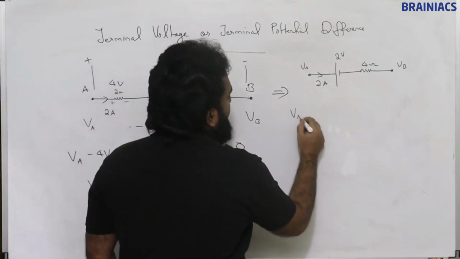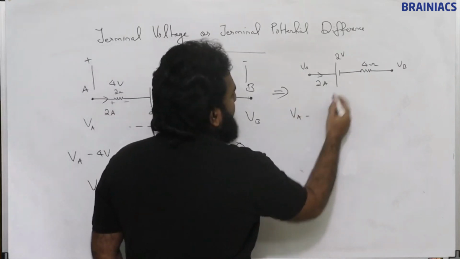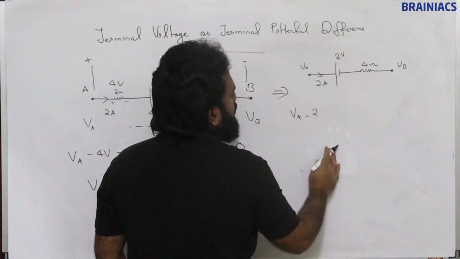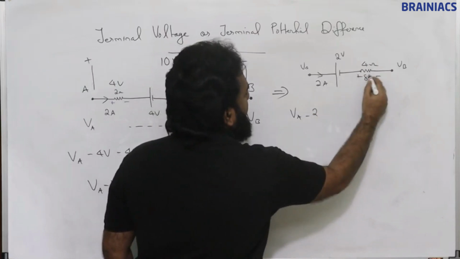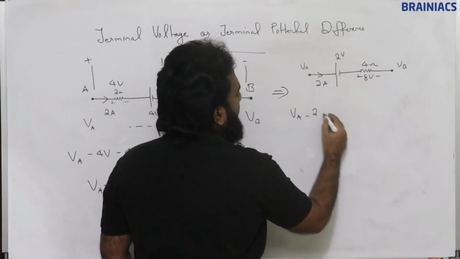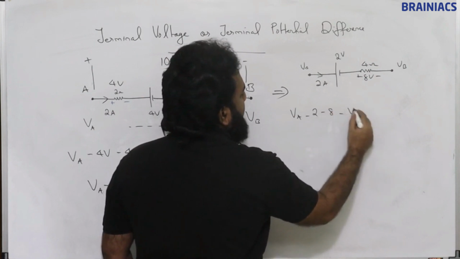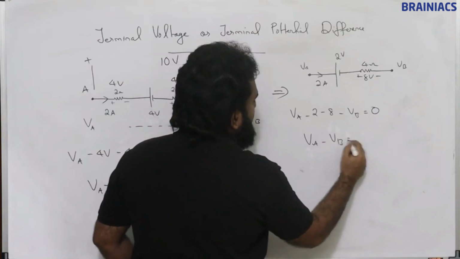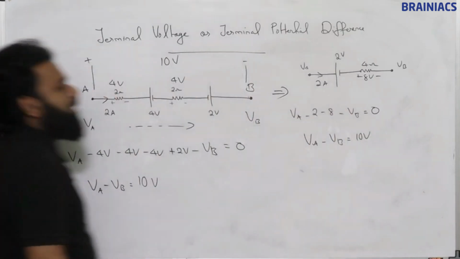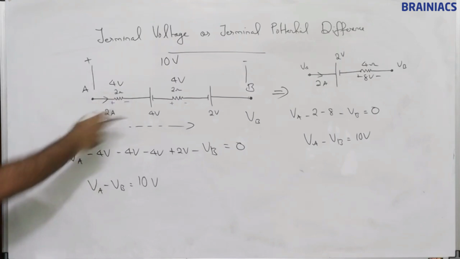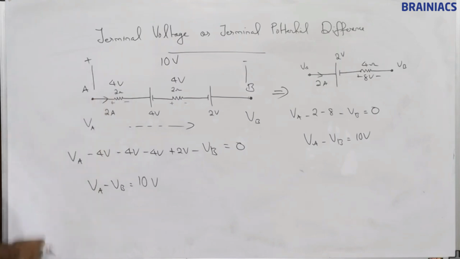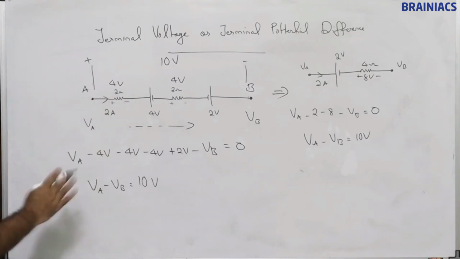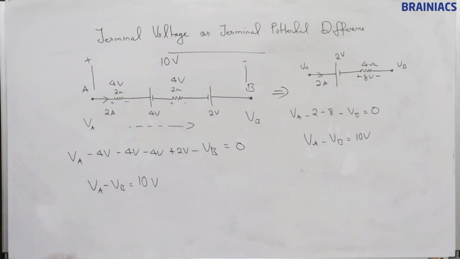So now if we take VA, this is nothing but 2 plus minus, this is going to be 8 volt, 2 into 4, 8 volt minus 8 minus VB is equal to 0. So VA minus VB is equal to 10 volt. Same effect I will be getting. If I put the batteries and the resistances, everything in series, if I solve it, I will be getting the same result.